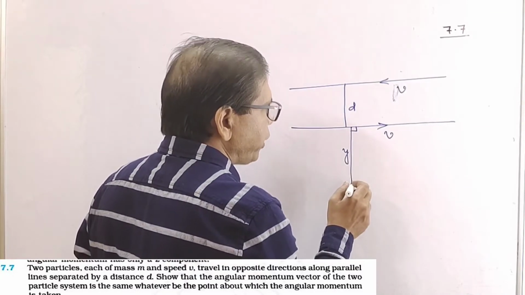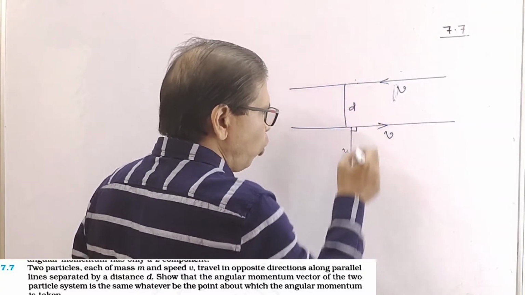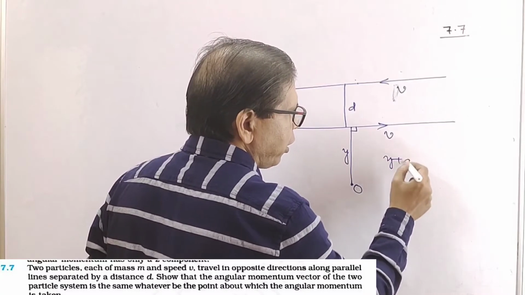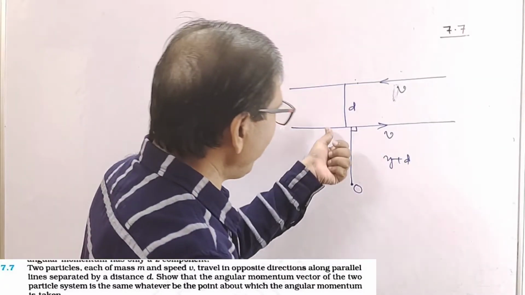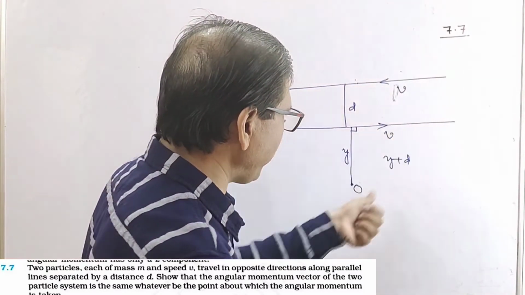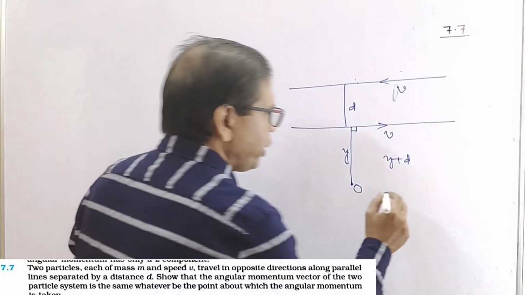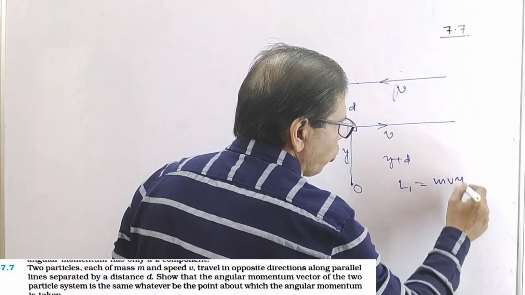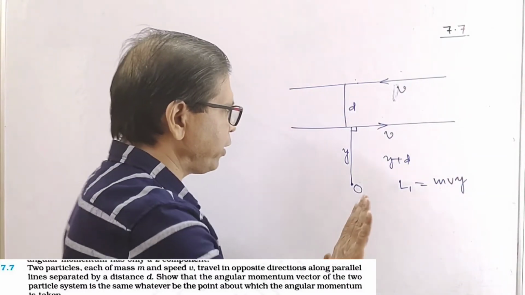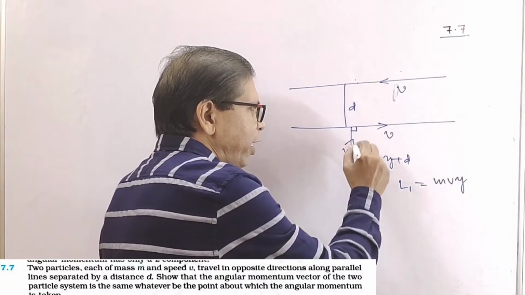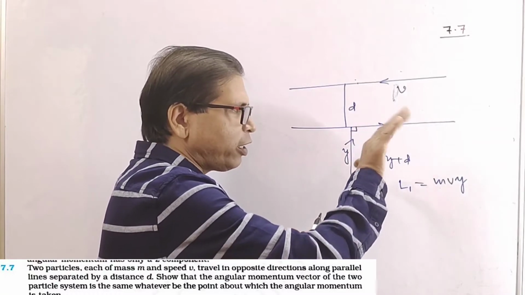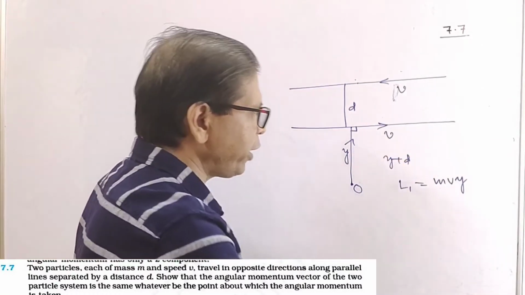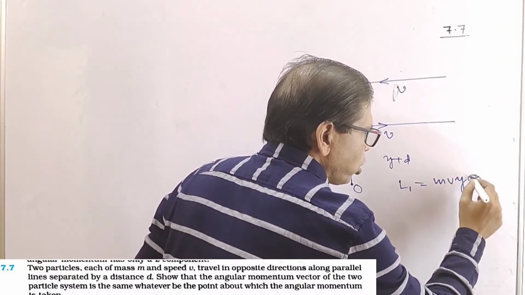The perpendicular distance of the other line from O is y plus d. Now the angular momentum of this particle about this point is L1, equal to mv into y. What is the direction? This is the r vector and this is the v vector, so it is directed inward, so this is the cross.